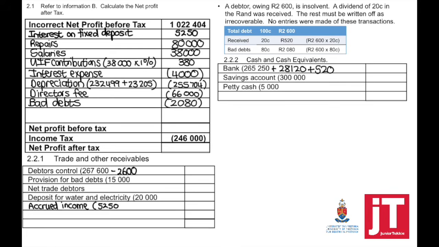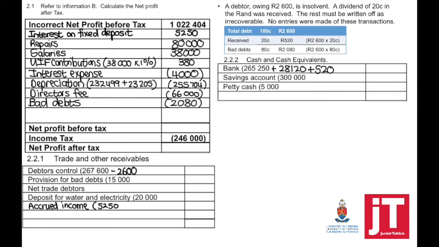To show the amount written off, bad debts is an expense. Because our expense increases, it will have a negative effect on the owner's equity. This is why it must be shown in brackets. The total to be written off is 2,600.